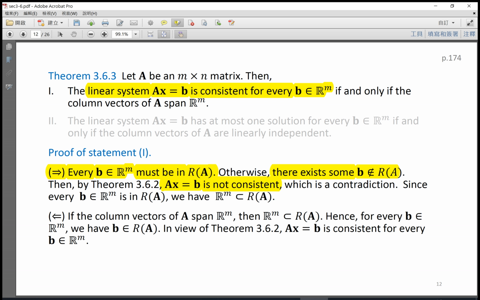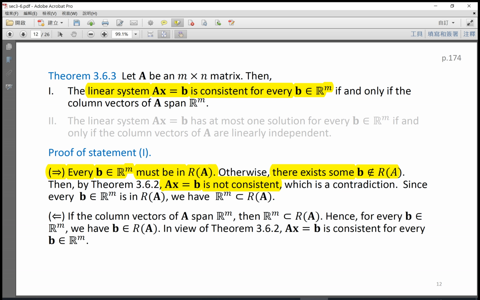We arrive at a contradiction, since condition A says that the linear system is consistent for every b, but we have found some b not in the range of A such that Ax equals b is not consistent.